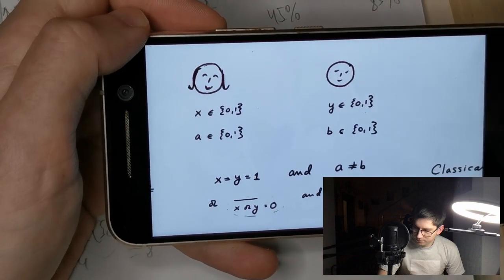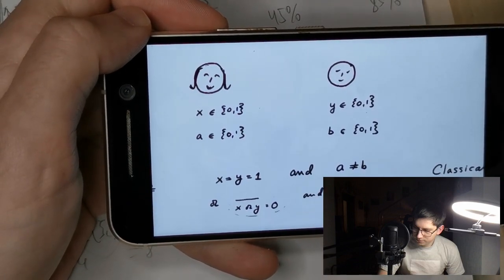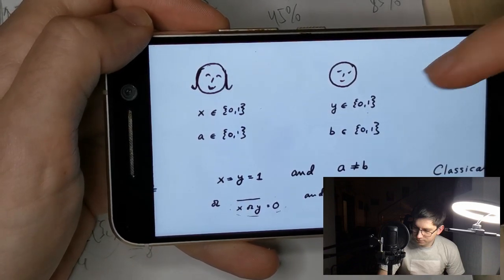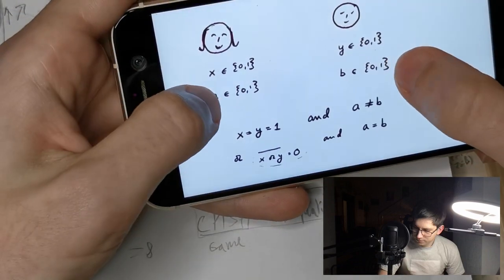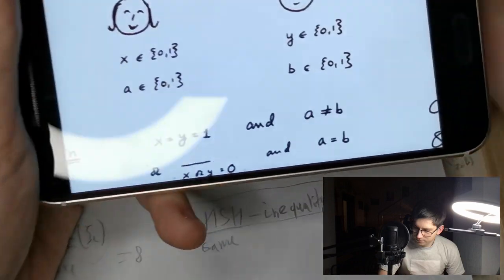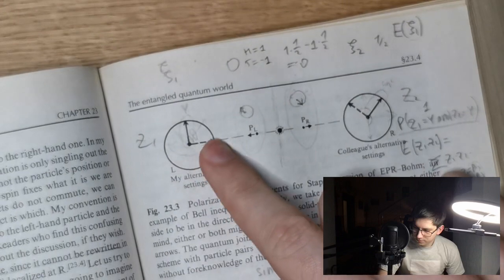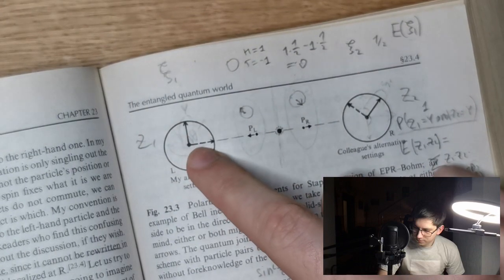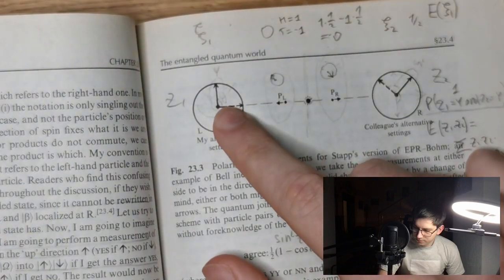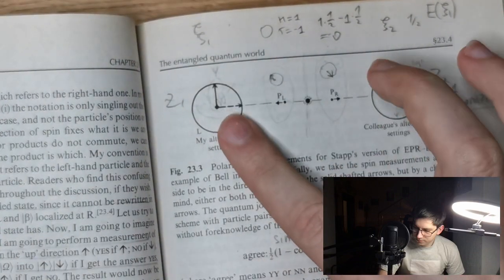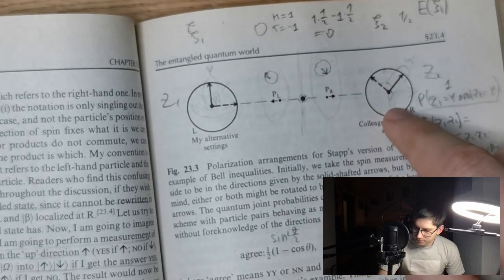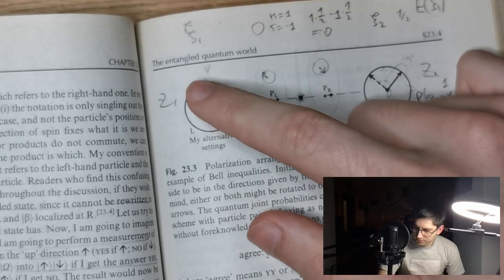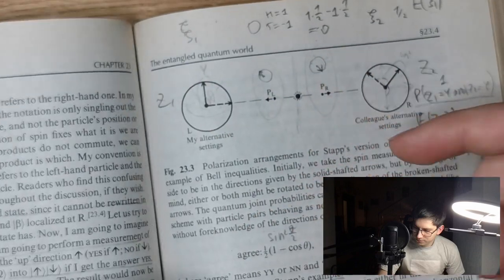So just two random and uniformly distributed inputs. Those inputs will determine their choice of the basis to measure the particle in those two situations. So Alice is sitting here, Bob is sitting here, they're flipping a coin, and they choose one of those directions with the same probability.